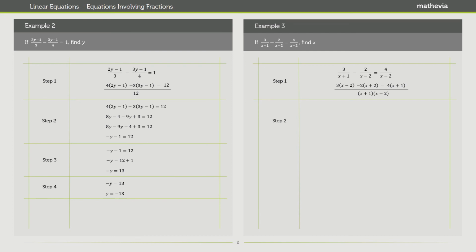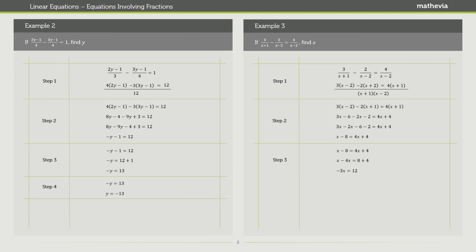Next thing we want to do is extract the information at the top there. So we have 3 multiplying x minus 2 minus 2 multiplying x plus 1 equals 4 multiplying x plus 1. We simplify all of that and collect like terms, and we end up with minus 3x equals 12.